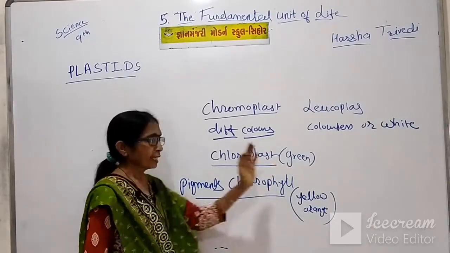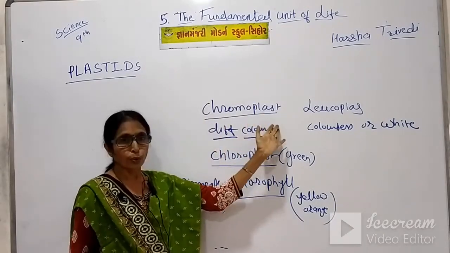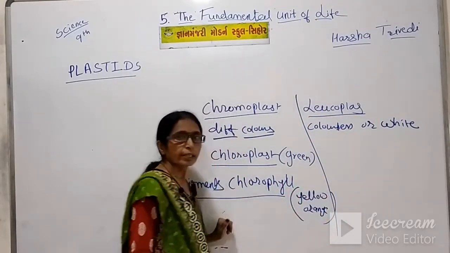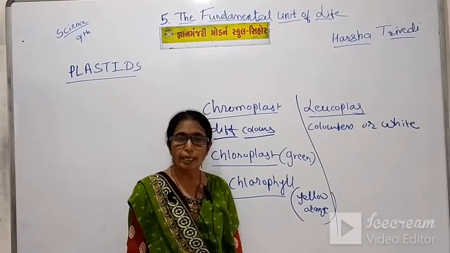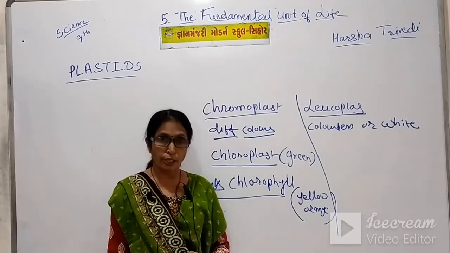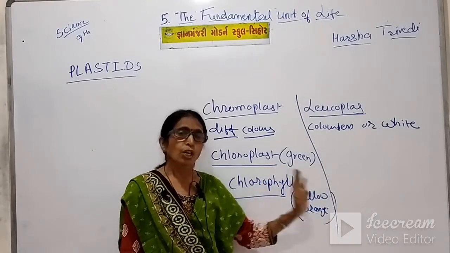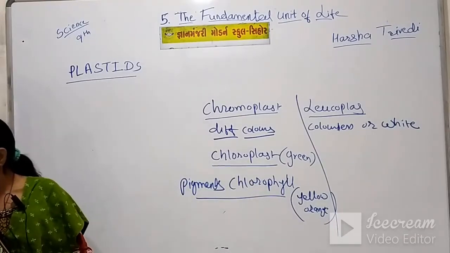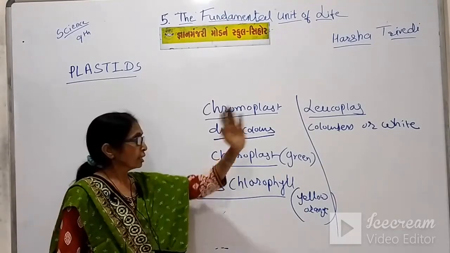The other plastids, leucoplasts, are mainly colorless or white in color, and they do the function of storage of oil and protein granules. The function of the leucoplast is storage of starch, protein and oil.